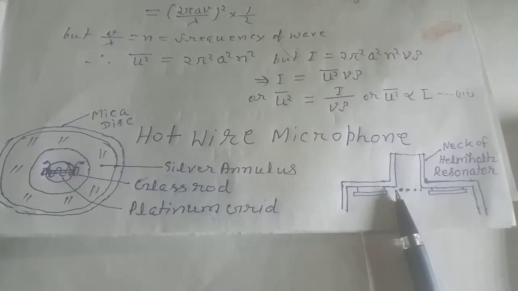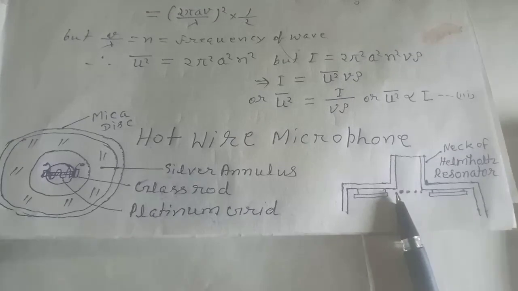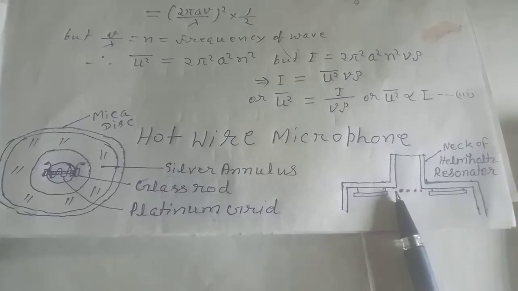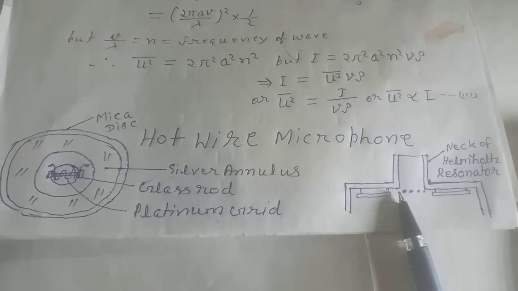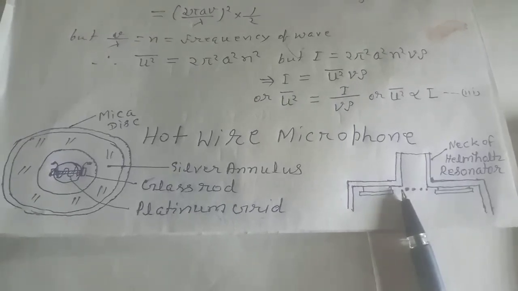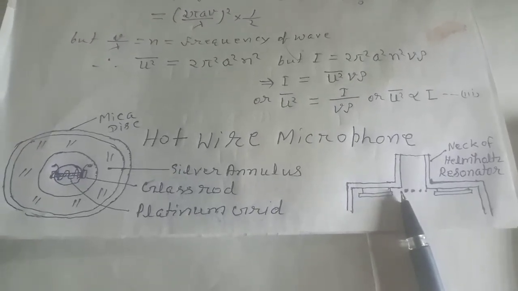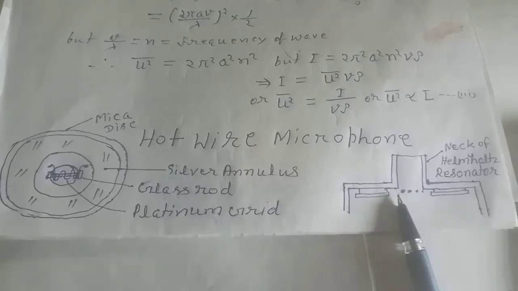Consequently, the bridge is no longer balanced and the galvanometer in the circuit gives a deflection. Thus the arrival of sound is detected.